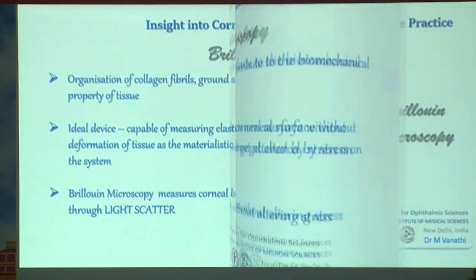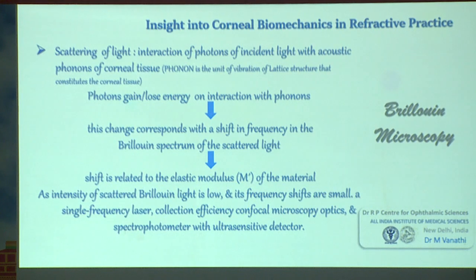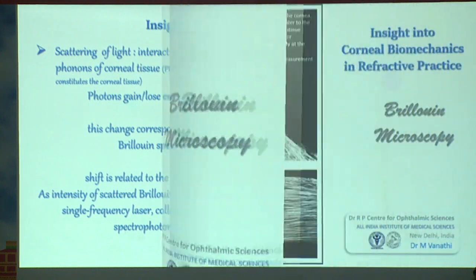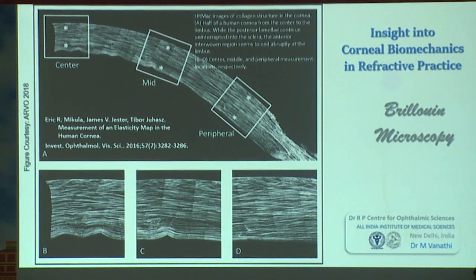I won't go into the physics of how Brillouin microscopy scattering works, but to make our understanding simpler, this is how you get high resolution images of the collagen fibers. As you can make out here, the anterior fibers stop short at the periphery, and the posterior collagen fibrils continue into the sclera.